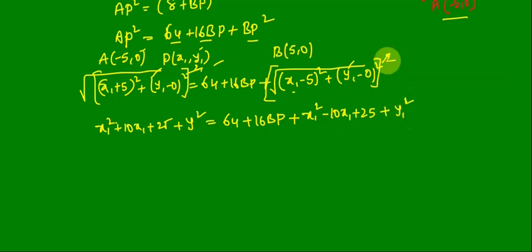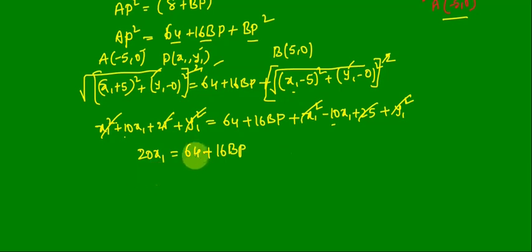We observe x1 square on the right hand side and left hand side gets cancelled. Similarly y1 square on both sides gets cancelled, and plus 25 here also gets cancelled. We are left with 10x1 plus 10x1, which is 20x1, equal to 64 plus 16BP, right?